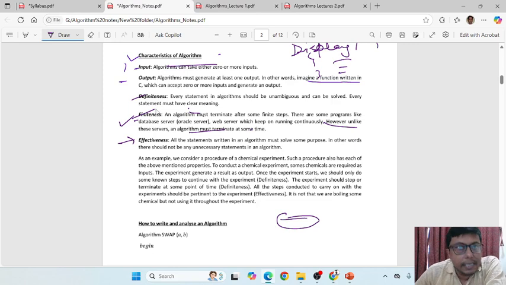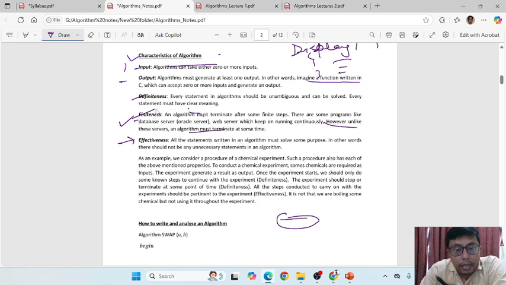As a real life example, to understand clearly the characteristics of an algorithm, you can go back to your class 11, 12 days, where you were engaged in doing certain chemical experiments in your lab. Or in the first year you have done chemical experiments in your lab.